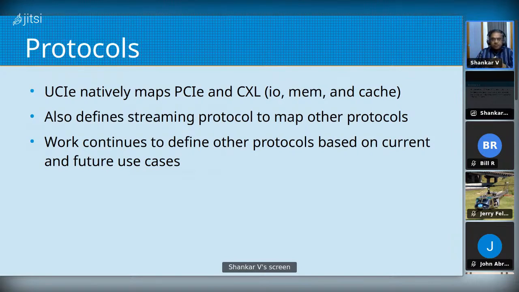So that's why the first thing that the UCIe folks tackled was getting PCIe and CXL mapped. So it now also defines something called streaming protocol to map other protocols, but essentially, you can just think of it as like, here's a bunch of wires, and you decide how you're going to send your data across these wires and which wire means what, right?